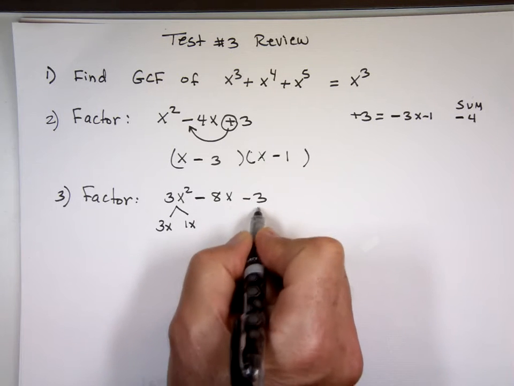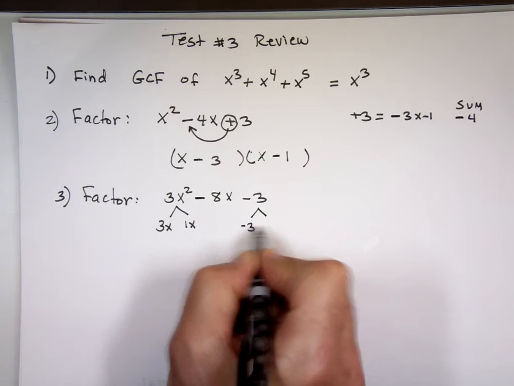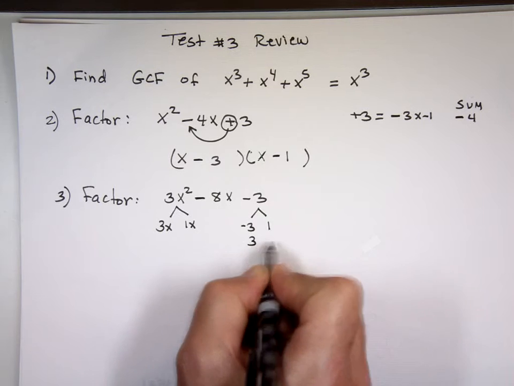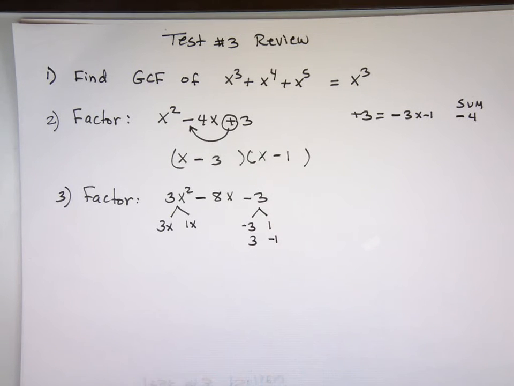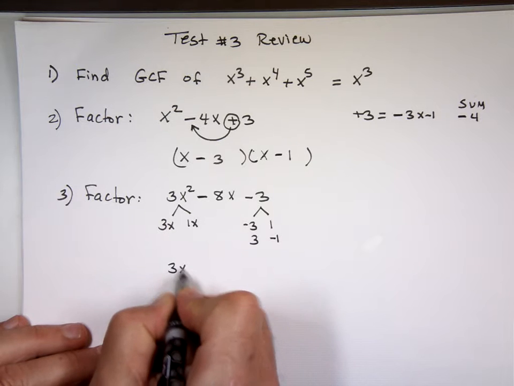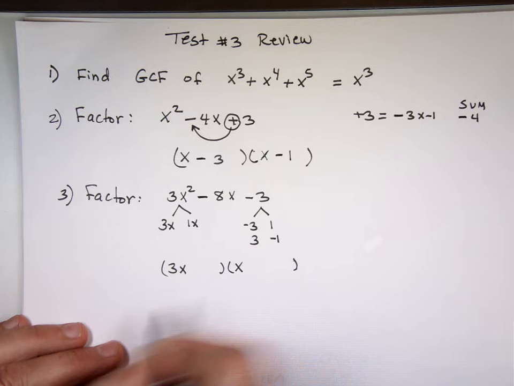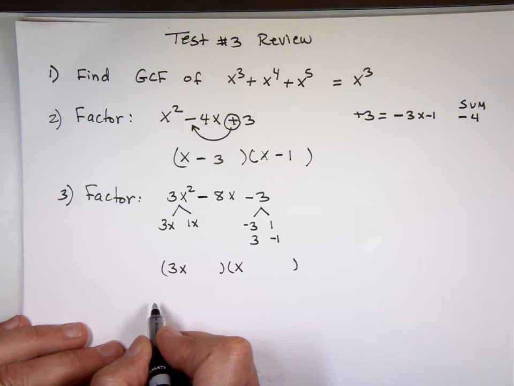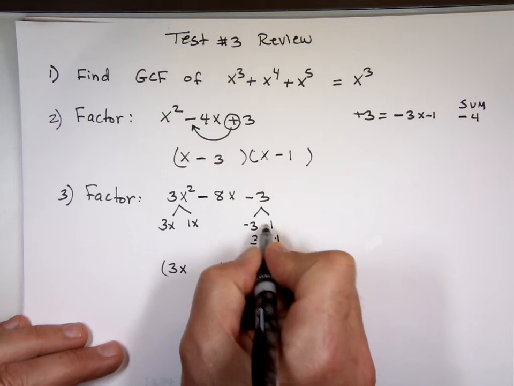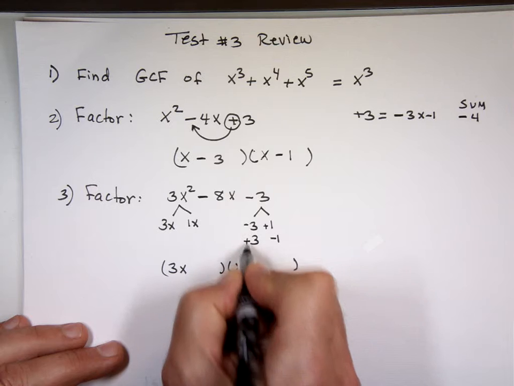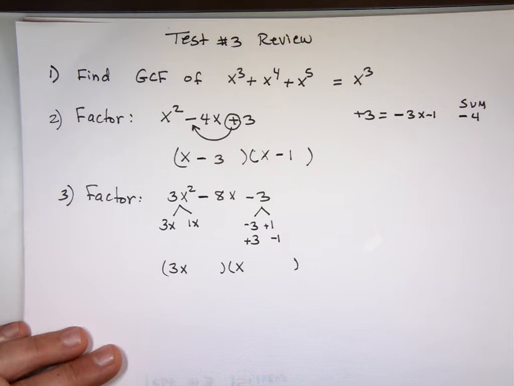That's a negative 3. Could be negative 3 times 1 or 3 times a negative 1. So let me try that. Go to 3x here, x here. So it's plus 1, negative 3, or plus 3 times a minus 1.